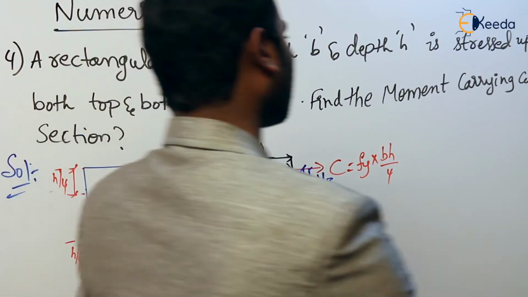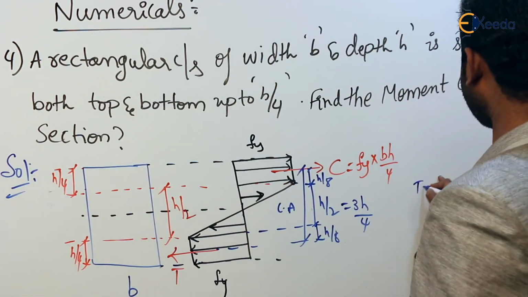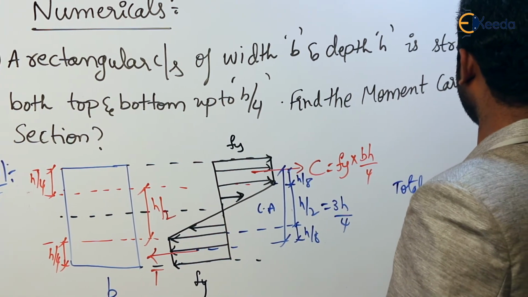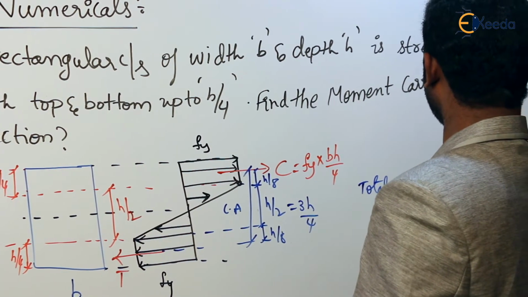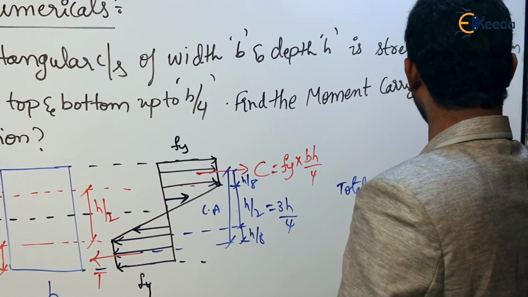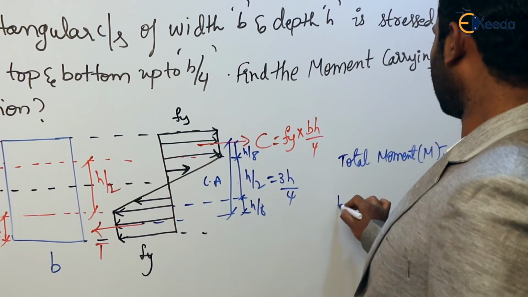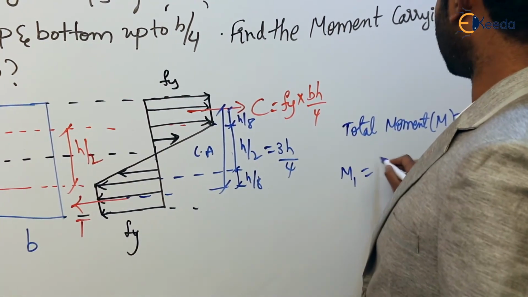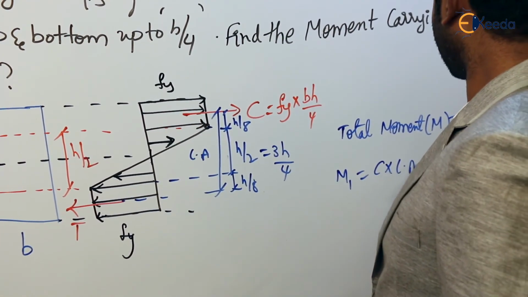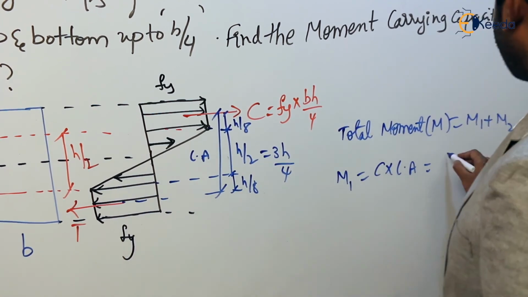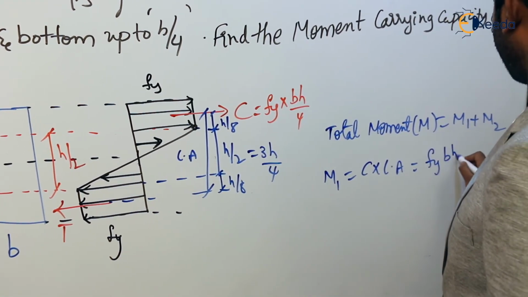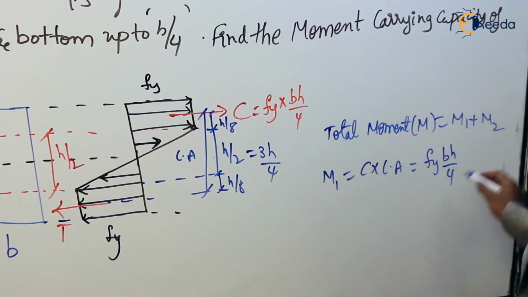Now to get the total moment, M is equal to M1 plus M2. M1 is the plastic moment, so M1 is equal to C into lever arm. C is Fy into BH by 4, into lever arm 3H by 4.